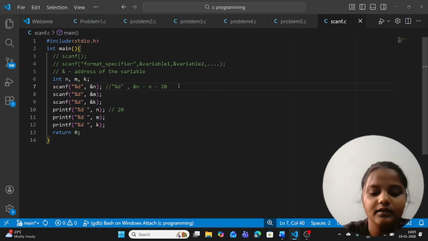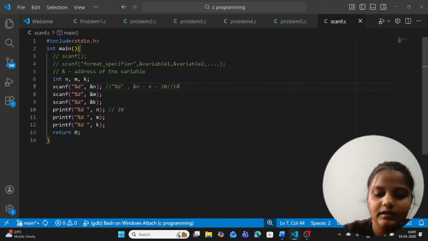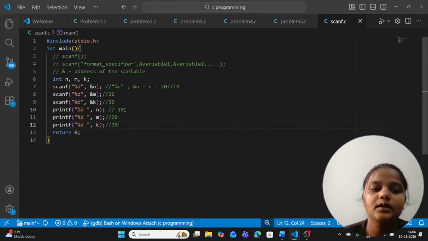I have given 10 for n, then 20 for m, then 30 for k. So in printf, for n it will print 10, for m it will print 20 and for k it will print 30. This is how we use scanf to get the input and print it.